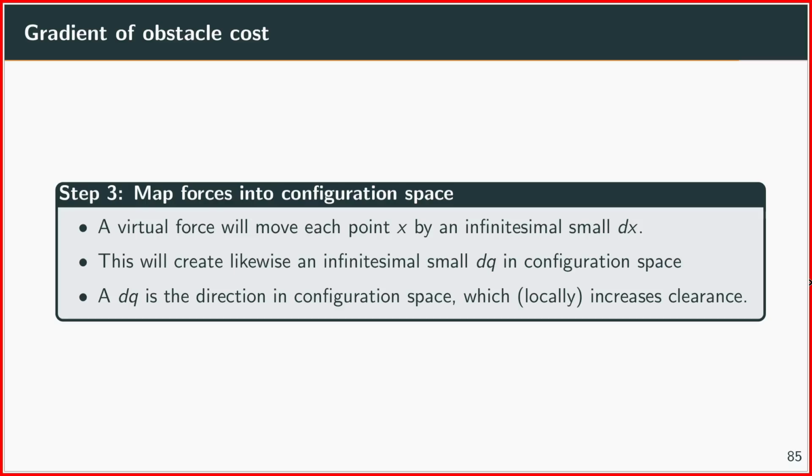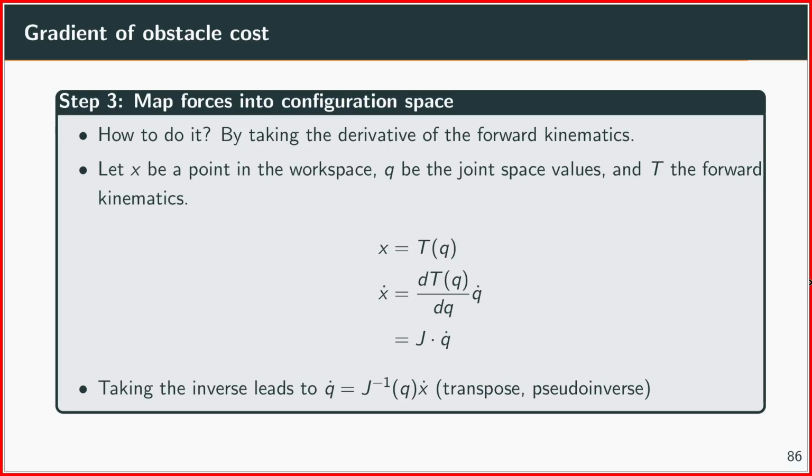If you push the robot with an infinitesimally small dx, the robot will answer by moving a little bit with dq in the configuration space. The actuators will move, and dq will be a direction in configuration space which locally increases our clearance. Okay, so how do we actually do that?